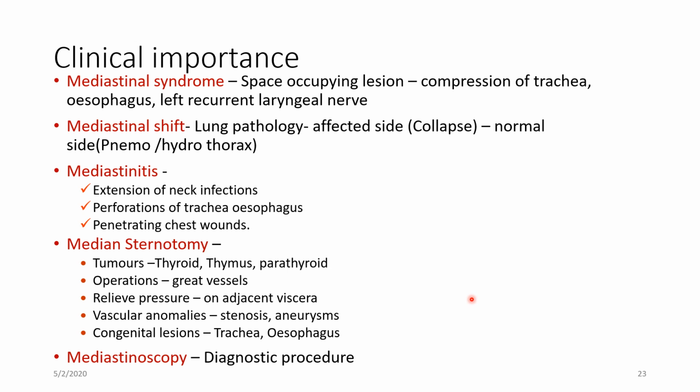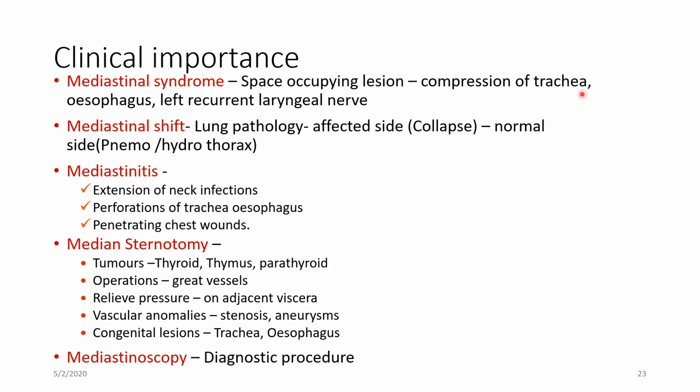What is the clinical importance of it? A condition known as mediastinal syndrome. So it is a space occupying lesion, if there is a tumor, it can compress on the trachea, esophagus and left recurrent laryngeal nerves.